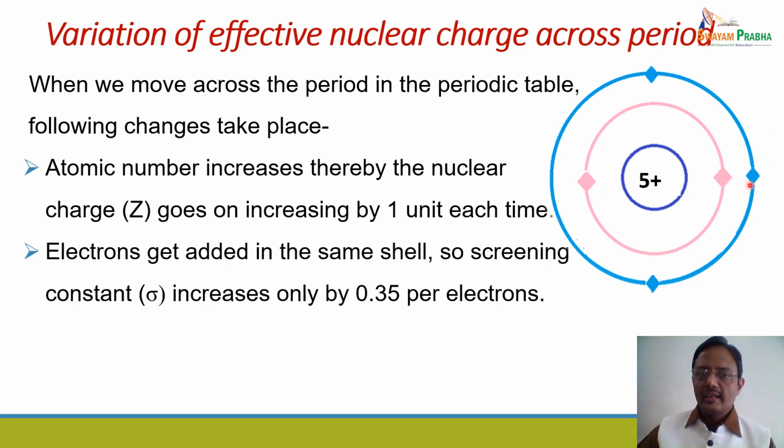Now the added electron is contributing 0.35 to the screening constant, thereby reducing the effective nuclear charge by a factor of 0.35, whereas Z is increasing the effective nuclear charge by a factor of 1.